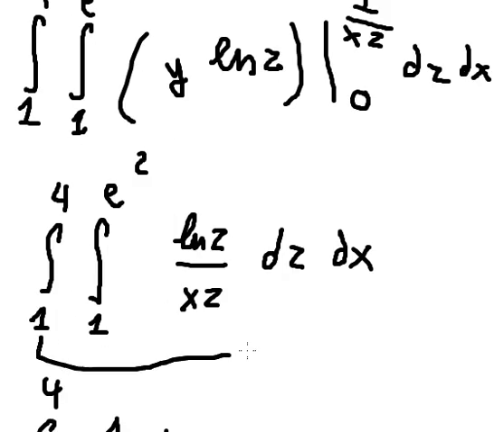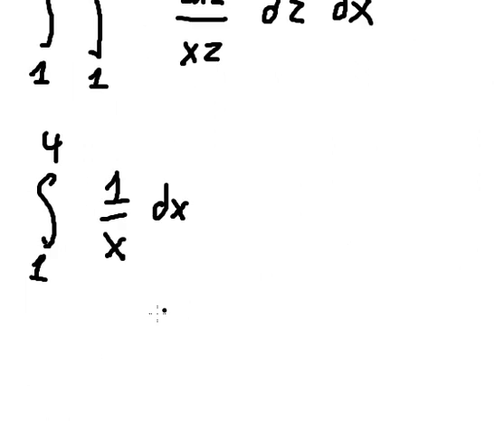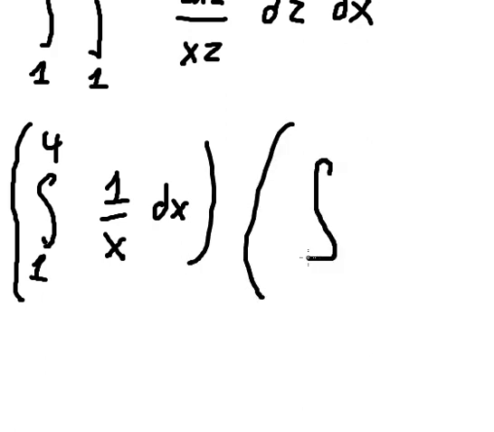Because this one does it for this s, so that's why we put 1 over s gone here. Multiply by the integration from number 1 to e to the power of 2 of ln z over z.